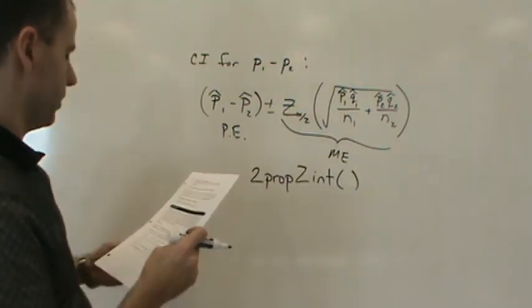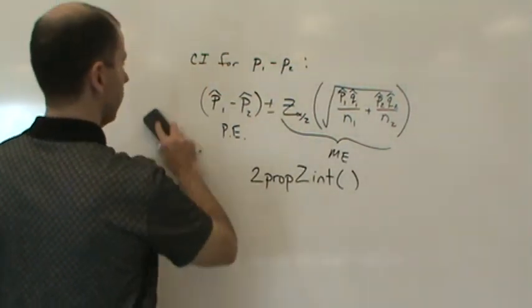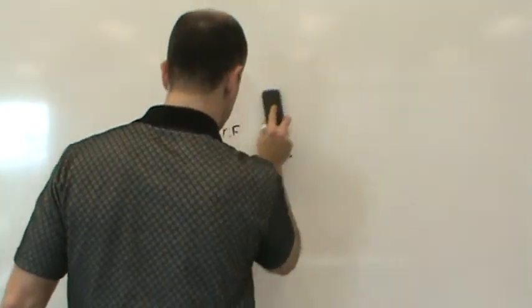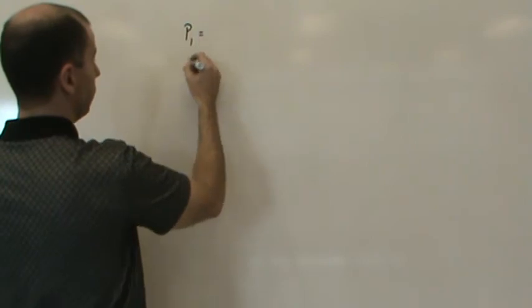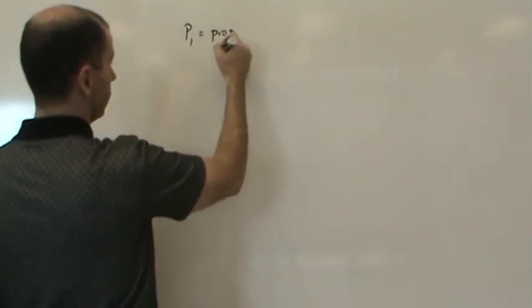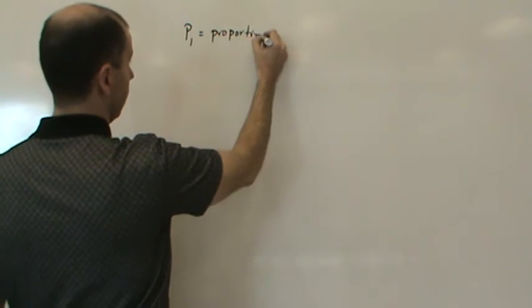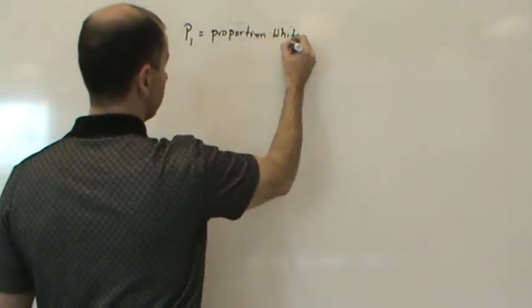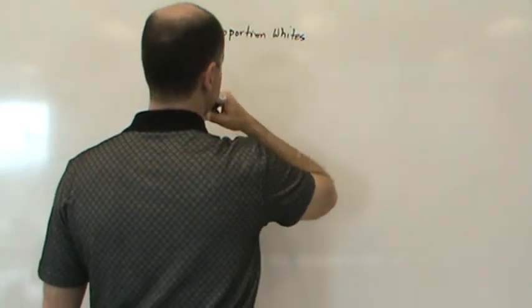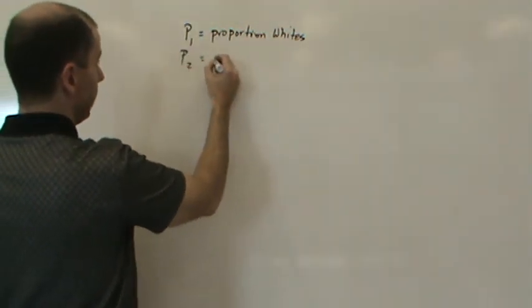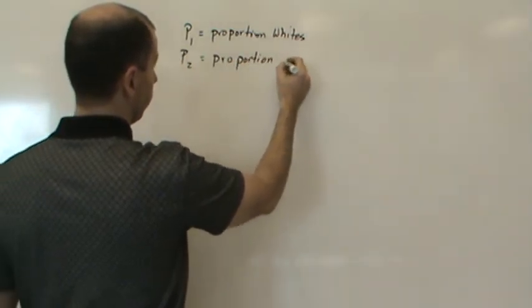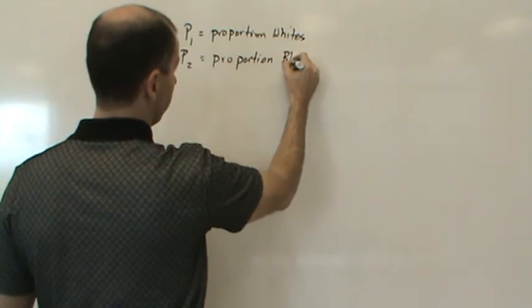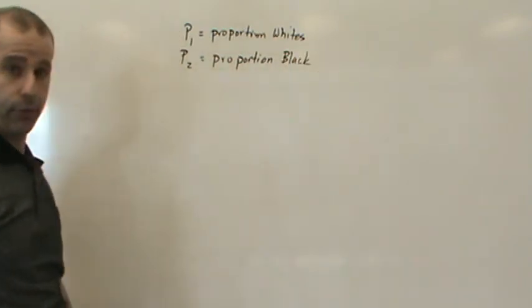Okay, so let's set this up. The first thing is we need to decide which is going to be population 1 and which is going to be population 2. So let P1 equal the true proportion of whites who own an iPhone, and let P2 be the true proportion of blacks who own an iPhone.